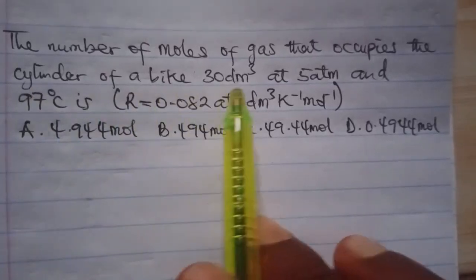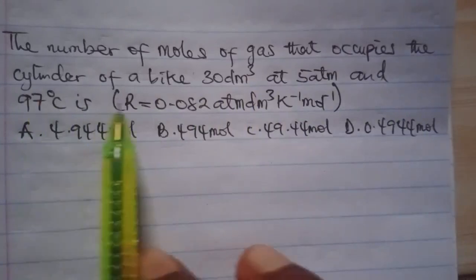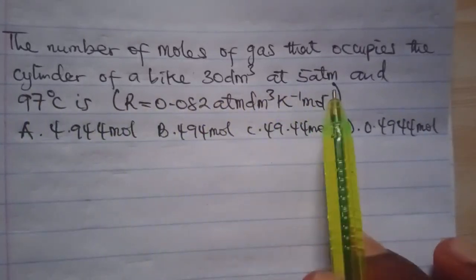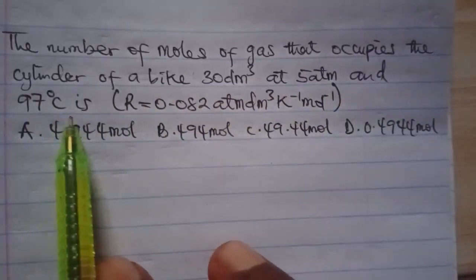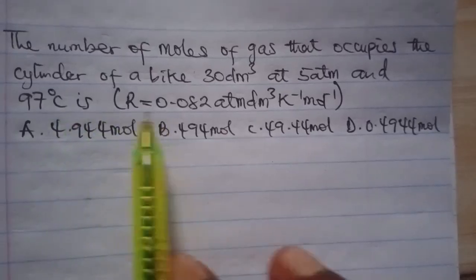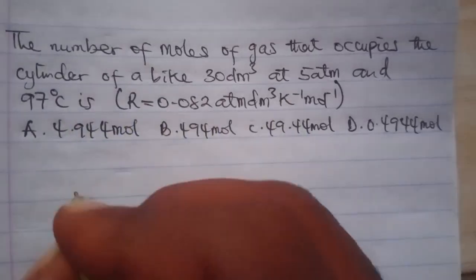It says the number of moles of gas that occupies the cylinder of a bike, 30 dm cubed, at 5 atmosphere and 97 degrees Celsius is dash. This is the molar gas constant.